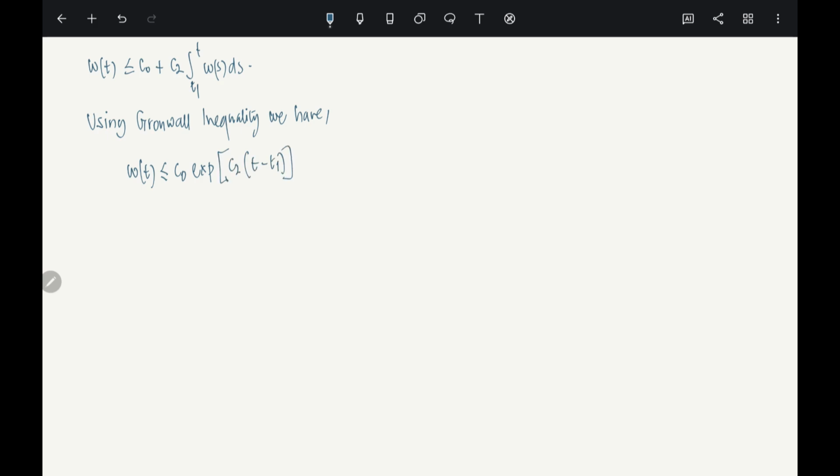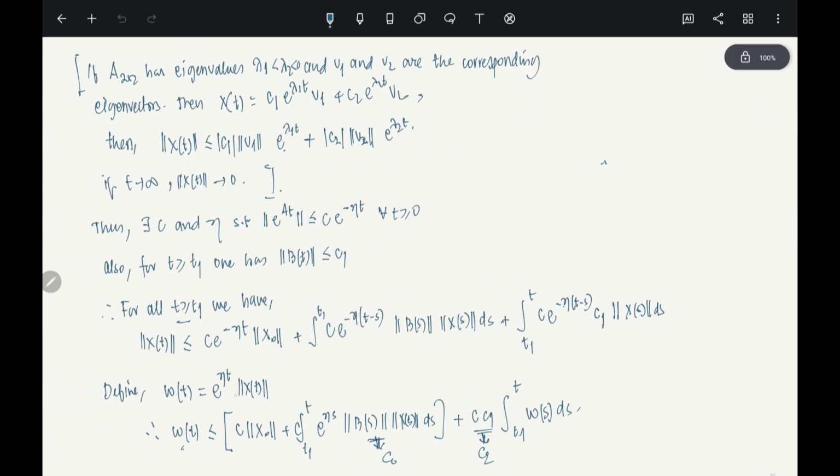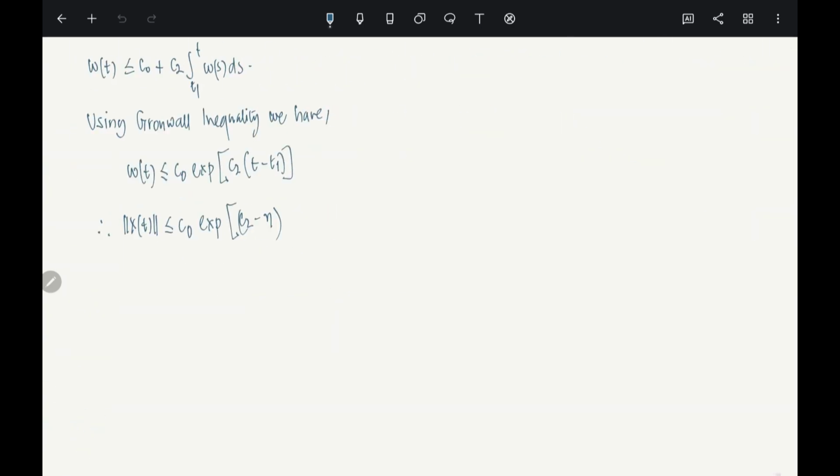Clear? Yes, this is by Gronwall, and therefore x of t is dominated by C naught times exponential of (C2 minus eta) t minus C2 times t1. See, if e to the eta t is there, so minus eta. Clear?